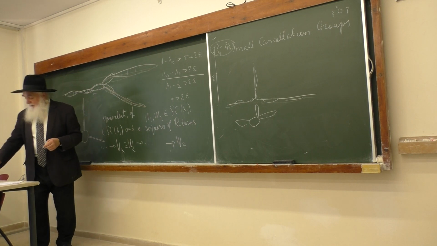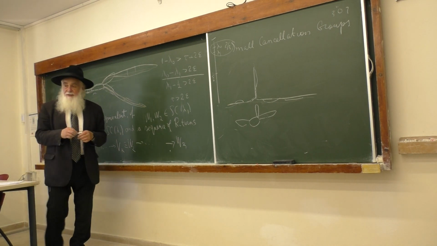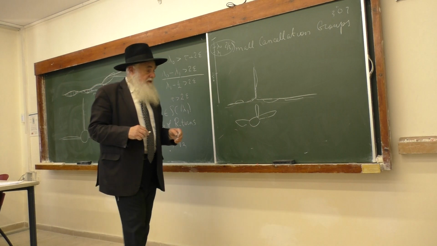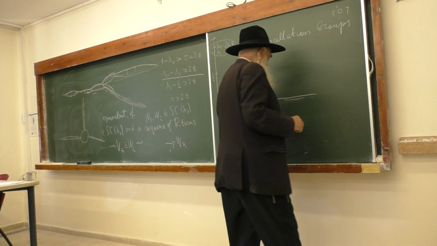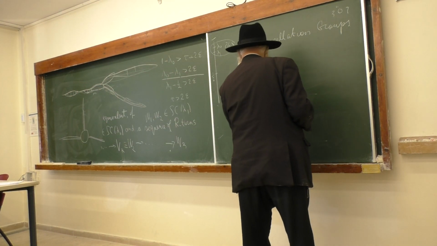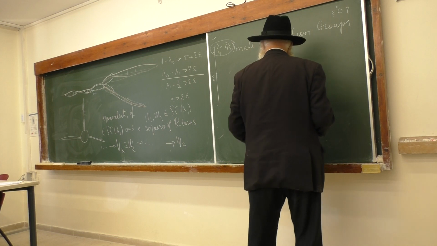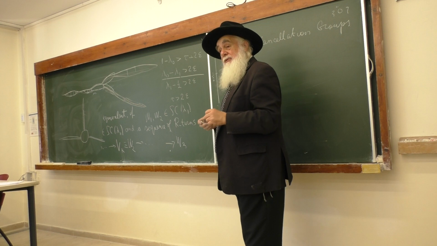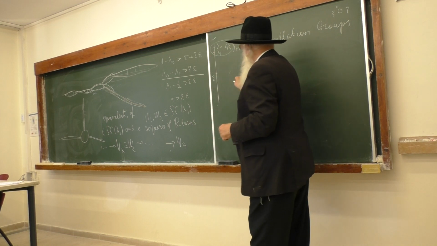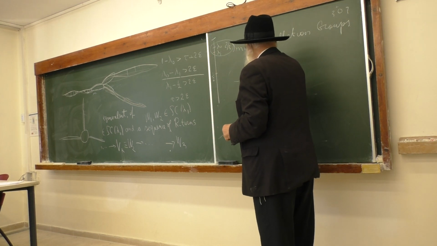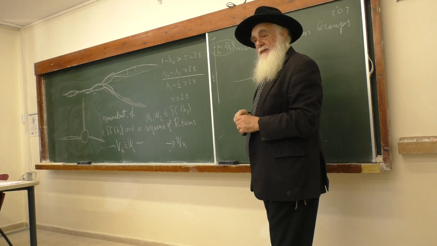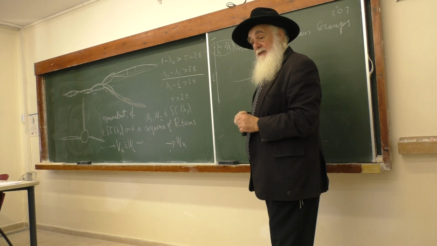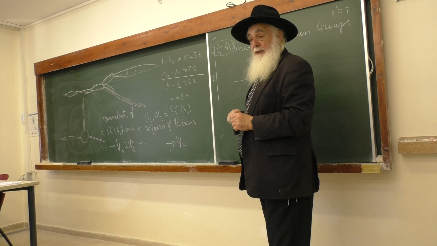So let me first recall the situation in the free group. Why is the product in the free group associative? The product in the free group is defined by a triplet.